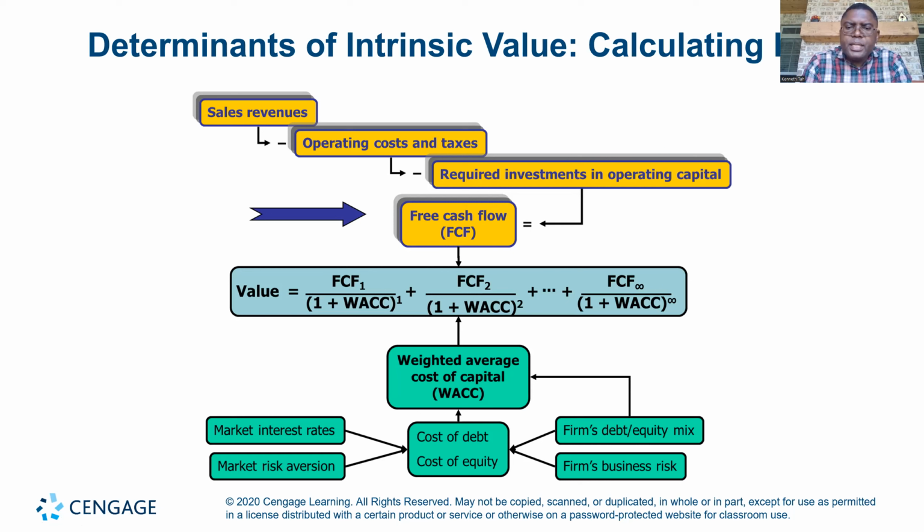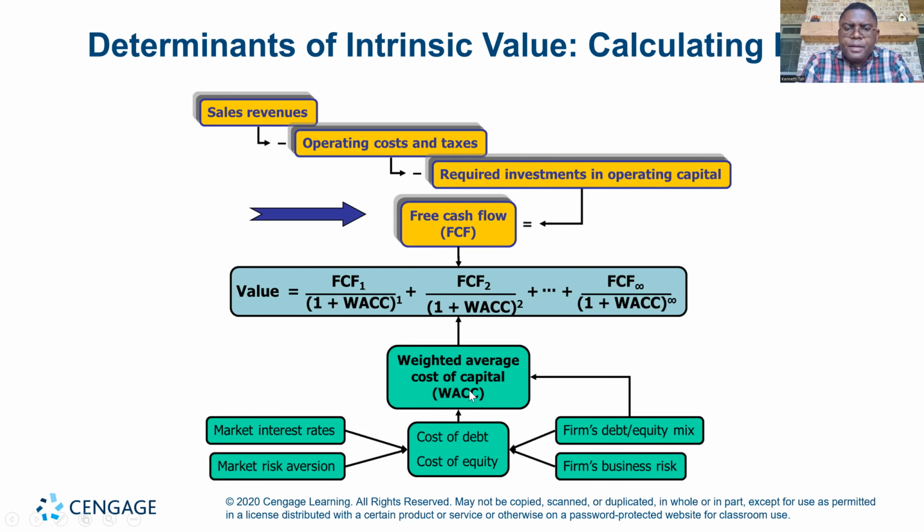In calculating the present value of free cash flow for every period, the rate that we use is the weighted average cost of capital. The weighted average cost of capital is computed using the proportion of debt and equity. By equity, we mean common stock equity and preferred stock equity.